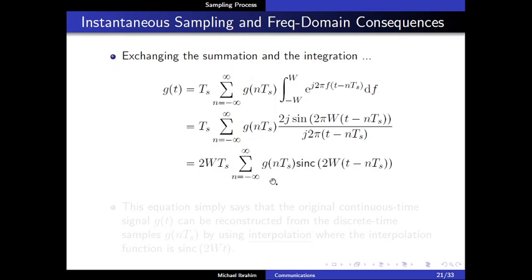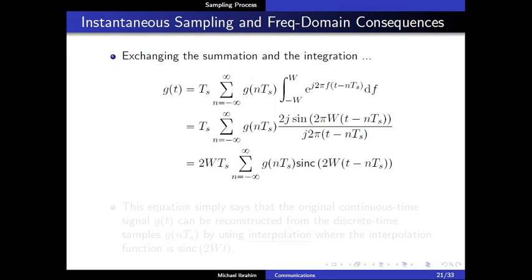If n equals 1, you get sinc(2W(t minus Ts)), which is basically a sinc function shifted by Ts, and the peak value equals g(Ts), which is a sample value. At n equals 2, you have sinc(2Wt minus 2Ts), shifted at 2Ts, and the weight is g(2Ts). And this happens for all the samples from minus infinity to positive infinity.